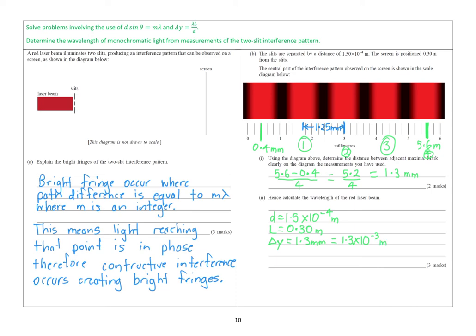And it's asking us what is the wavelength. That is our unknown. Do we have an equation that relates all those? We do. This equation up here, but we do need to rearrange it. So we go delta Y equals lambda L on D. I'll do my algebra in a different colour.